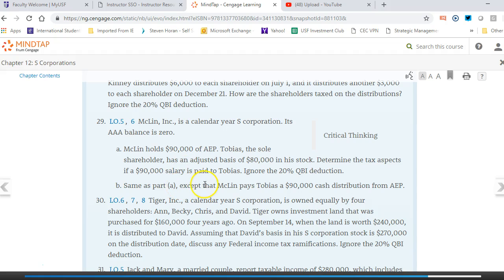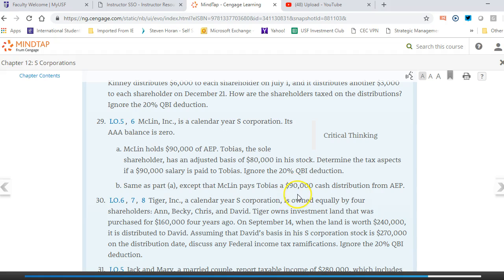Letter B, now the difference will be he's going to take a cash distribution. So if he receives a cash distribution, that now is dividend income. Let me say that right, because that matters. Dividend income. And remember, the tax rate will be much lower than if it's ordinary income. So that would be taxed at most likely 15% would be my rough guess.